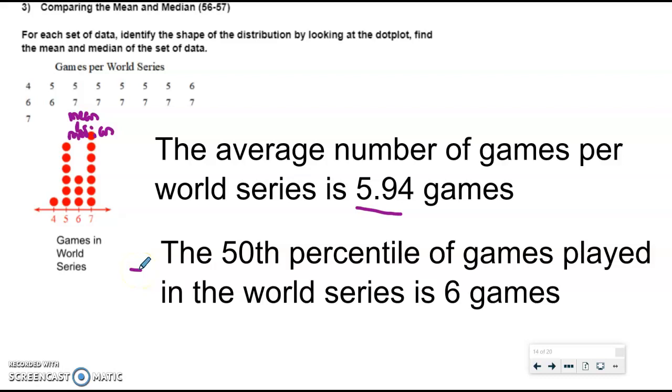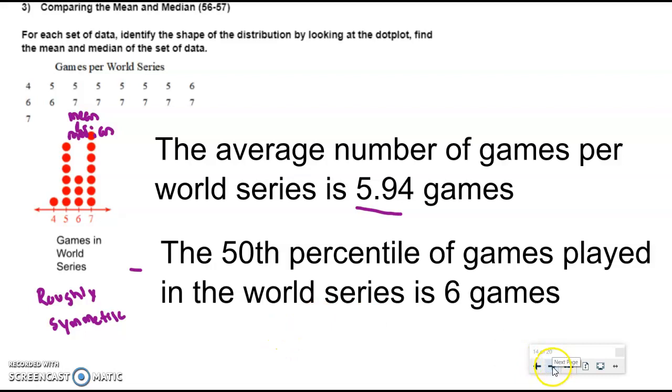This is not definitely skewed. I'm going to say this is roughly symmetric, because it roughly makes a U-shaped curve. So when something is roughly symmetric, my mean and my median are going to be about in the same location.